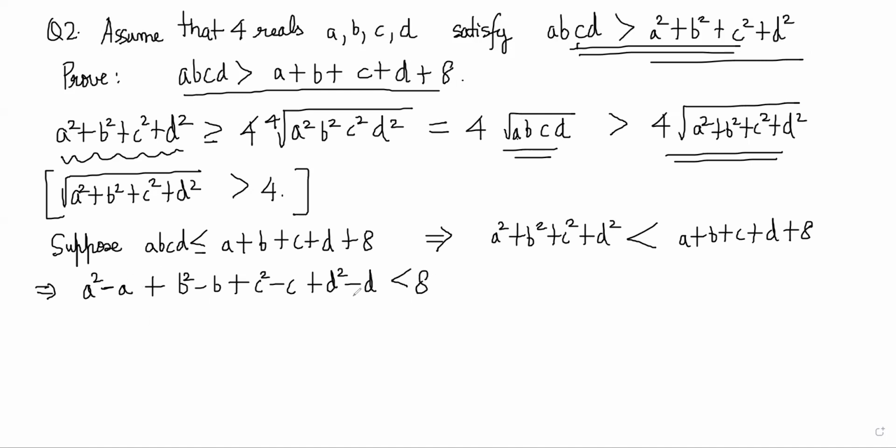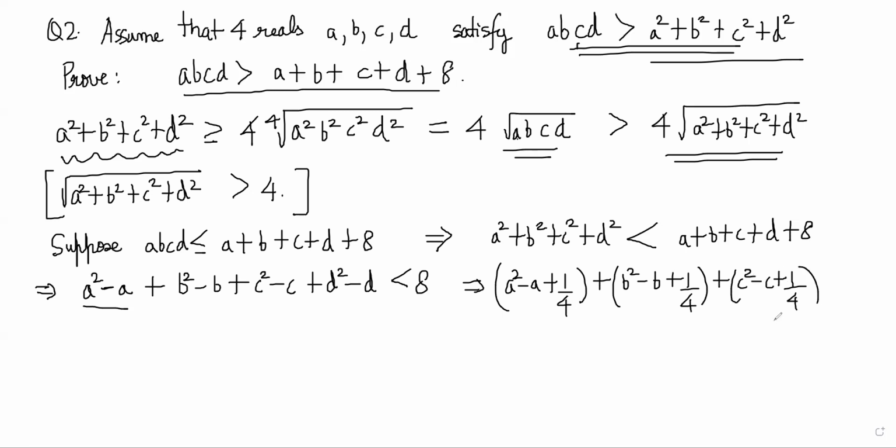And we add 1 to each term here, add 1 to all the sides. Actually, not add 1, we should add 1/4 to complete the square, right? We should say a square minus a plus 1/4 plus b square minus b plus 1/4 plus c square minus c plus 1/4 plus d square minus d plus 1/4 is less than 8 plus 4 times 1/4, so 8 plus 1.